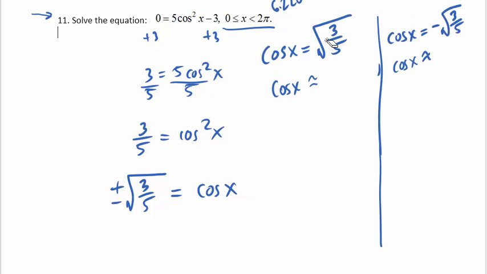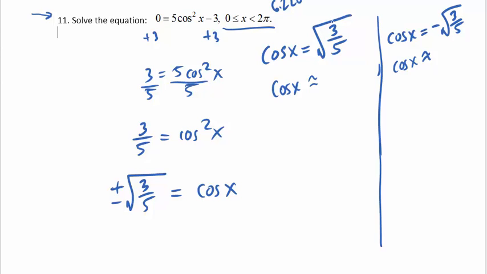Okay, so I've set 2 equations up here now. We want to know when the cosine of x is going to be equal to positive square root of 3/5, and when will the cosine of x be equal to negative square root of 3/5. I'm going to get an approximation for this square root of 3/5 in both of these cases, because I think that's going to help me figure out all of my answers on the unit circle.